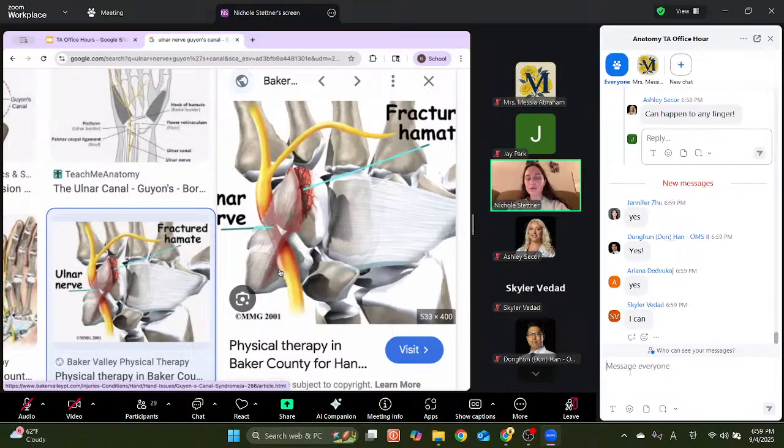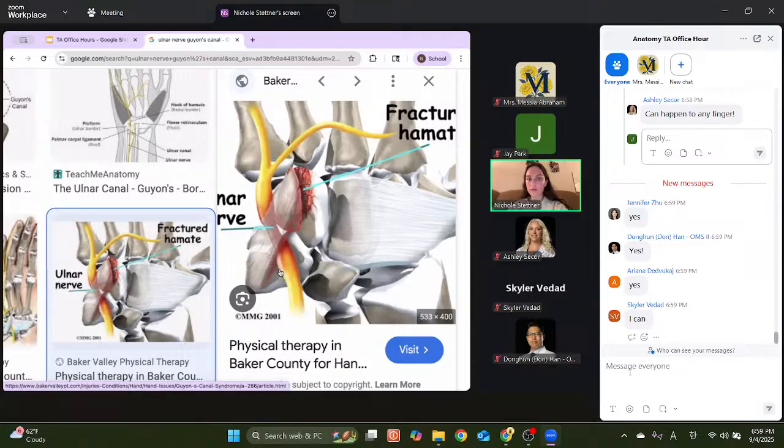But basically, if you get impingement of the ulnar nerve at the wrist in Guyon's canal, that's going to be Guyon's canal syndrome. For the sake of this class, you will not see FCU problems there.